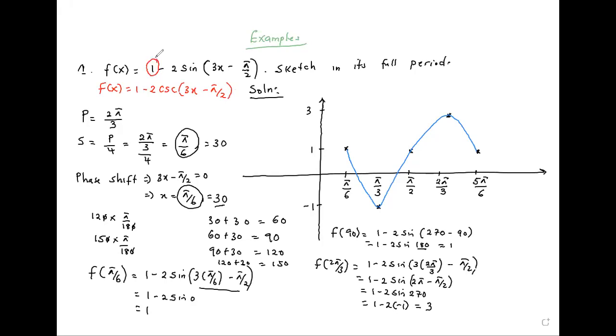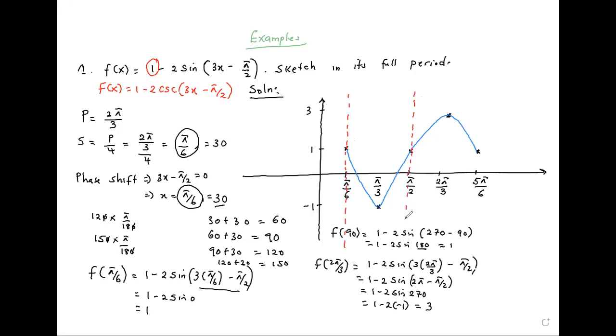This number 1. Any point at 1, you put an asymptote.